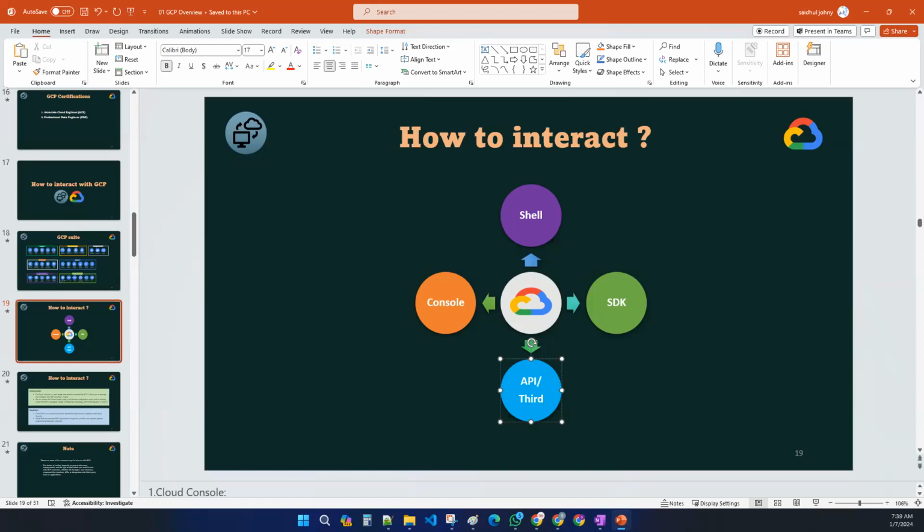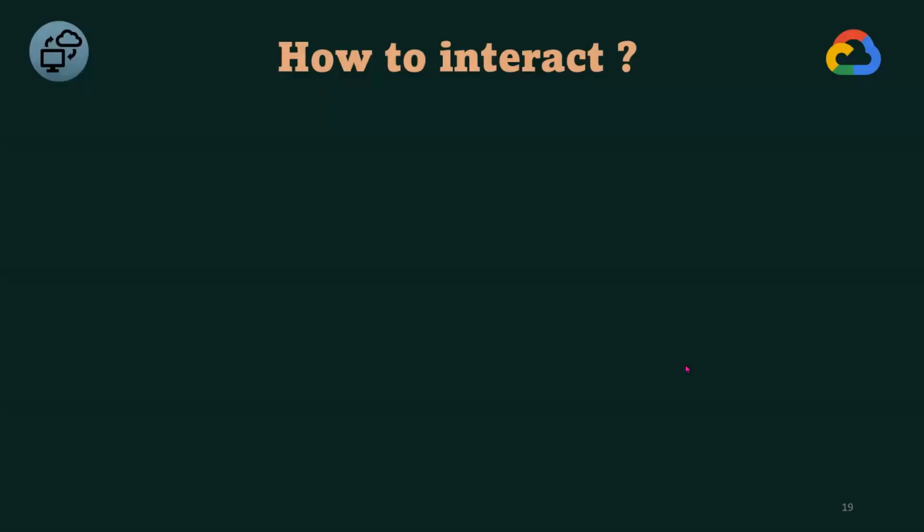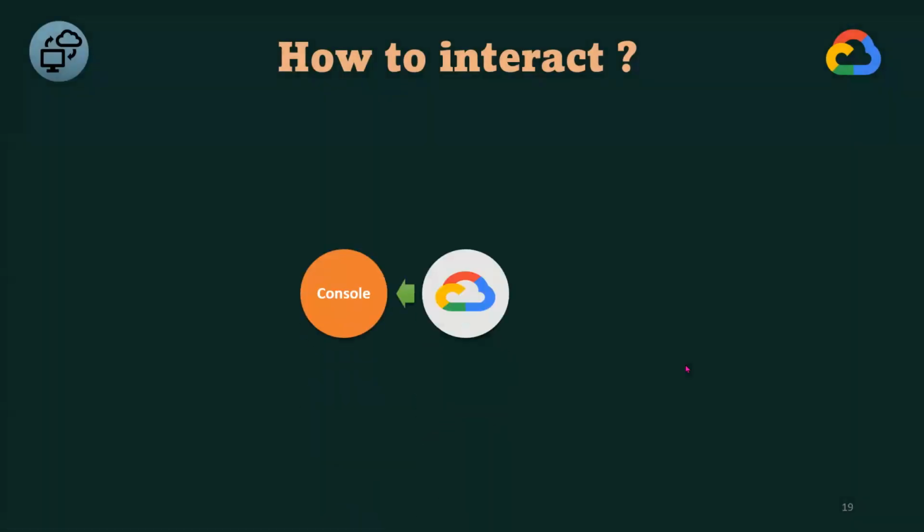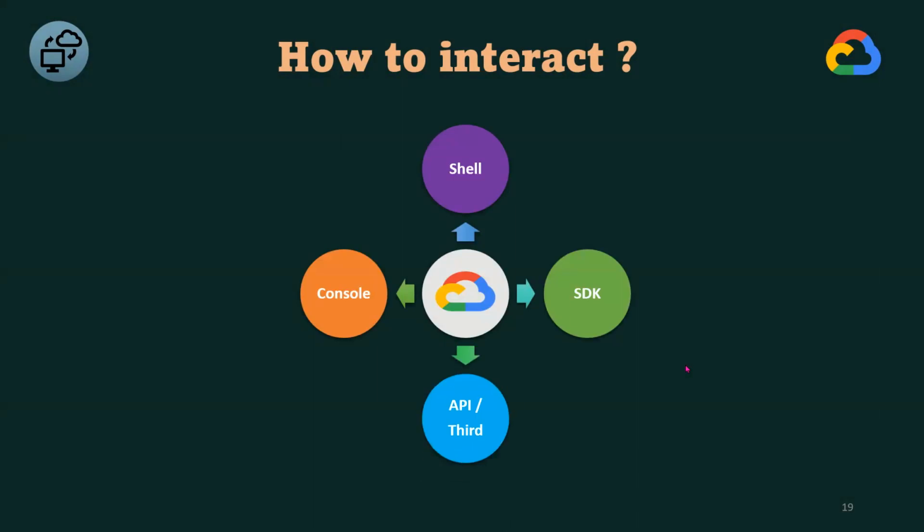So if you wanted to interact with any of the services in the GCP, these are the four ways: console, Cloud Shell, Cloud SDK, and API or third-party tools. Okay, so let us try to understand what all of these four things are about.